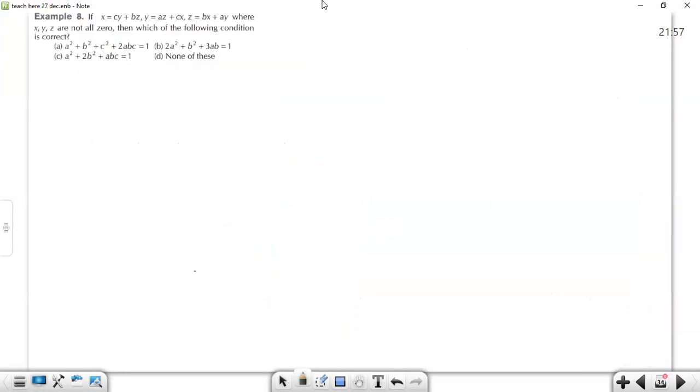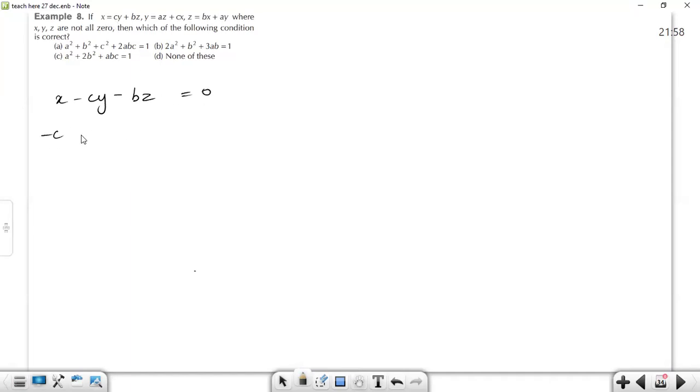Okay, so let's solve an example. Now, these are some equations given. Three equations are there, and x, y, and z, three variables are there. Let's write all the variables on a single side. So x minus cy minus bz is equal to 0.